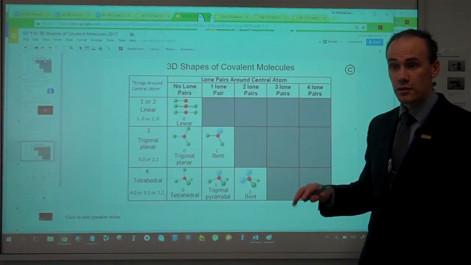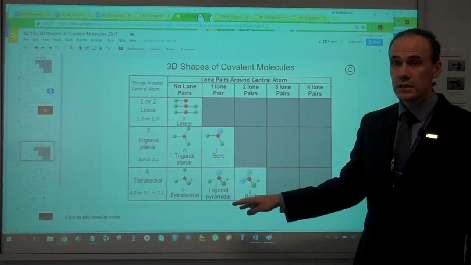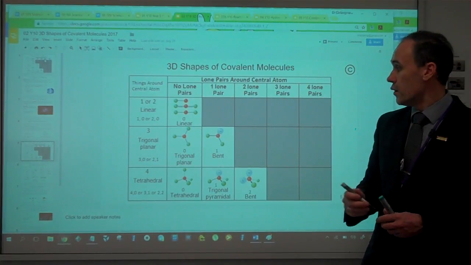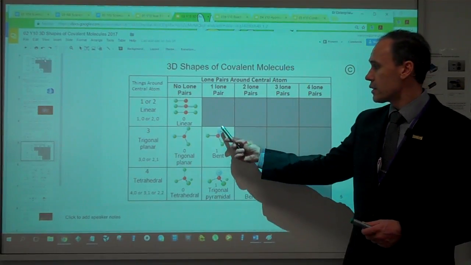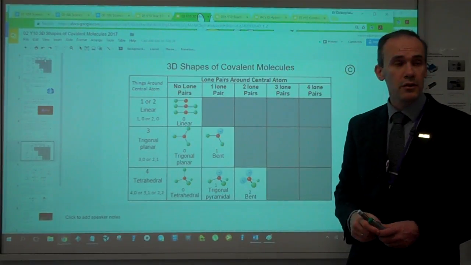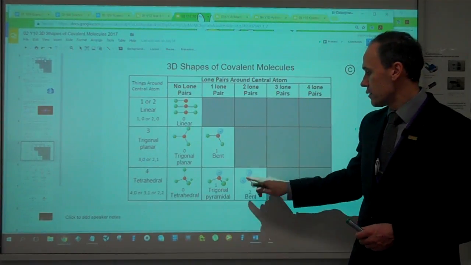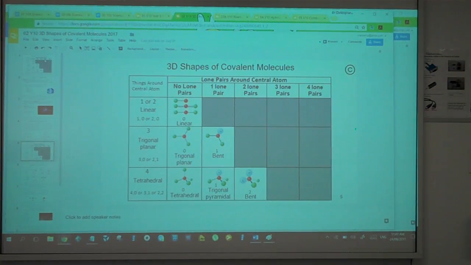So your notes are very solid. The worksheet that you did explores that very well. Why will we never see bent? No, you will see bent, but not that one. Why not? Because that one isn't following the octet rule, and so we're just going to leave it alone. So that's the one that you will see. The water one is really common.